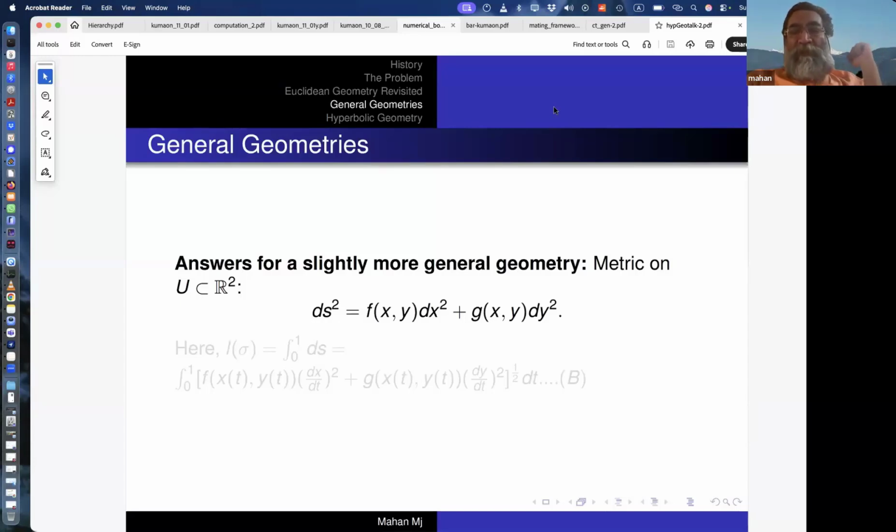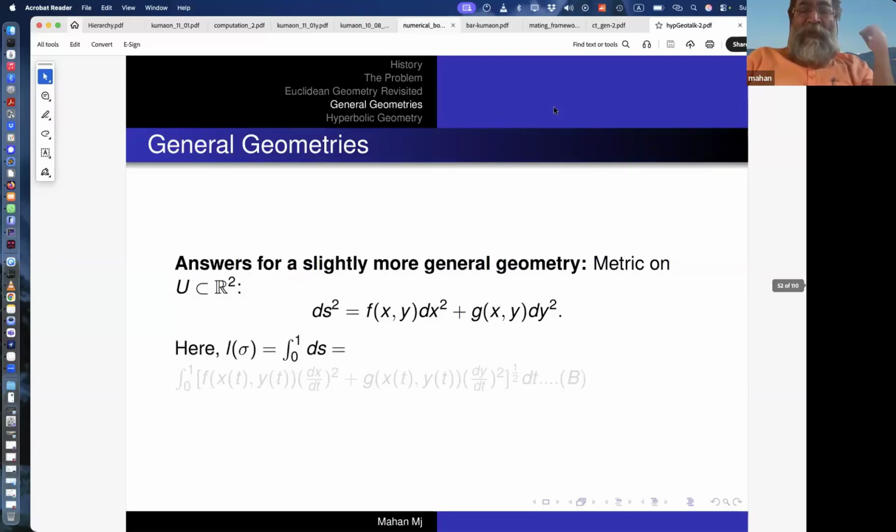Once you realize that, you can replace the constant function 1 by a positive function. All you want is that lengths are positive, nothing else. So you take ds square equal to f of xy times dx square, plus g of xy times dy square. All you need is that the functions are positive so that lengths given to curves are positive.